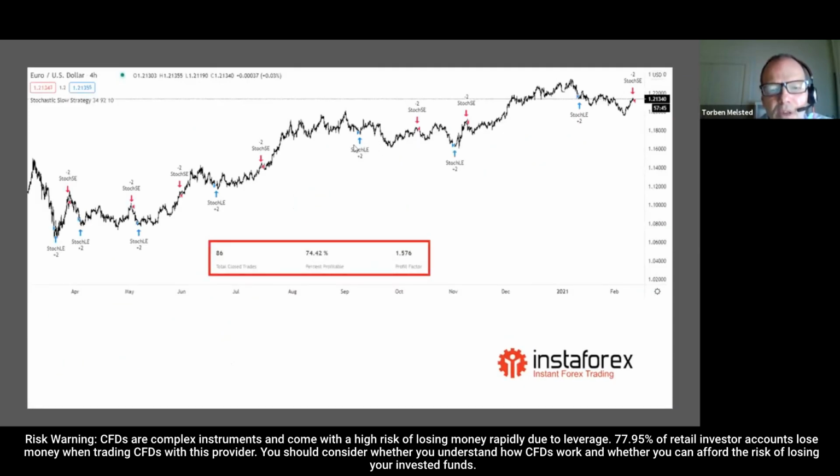This one works on the stochastic, which is an indicator, and the indicator is again two moving averages with whatever time frame is set up for it. When they cross, this is where you have the entry, way up and down, and you can see this has a pretty narrow range.